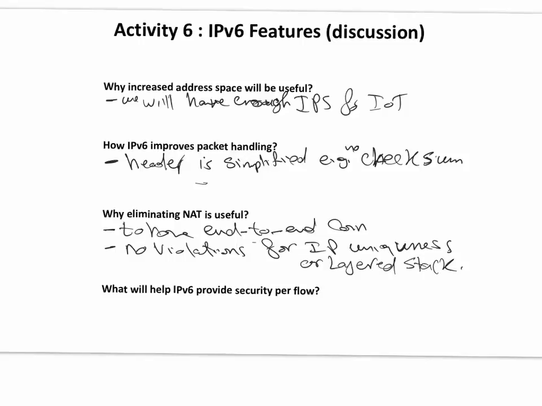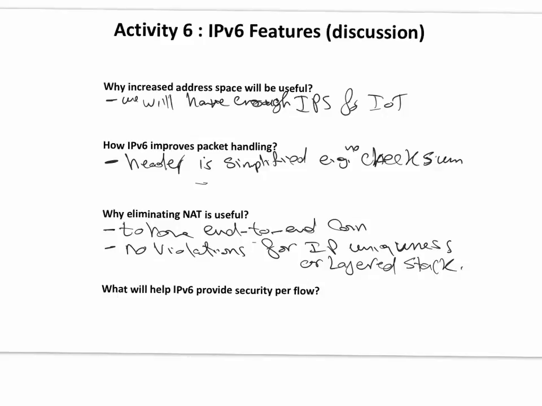What will help IP version 6 provide security per flow? The words per flow indicate that we need some identification for the end-to-end flow, so that we can provide security. IP version 4 does not do that, because even the source address and the destination address may change using NAT.